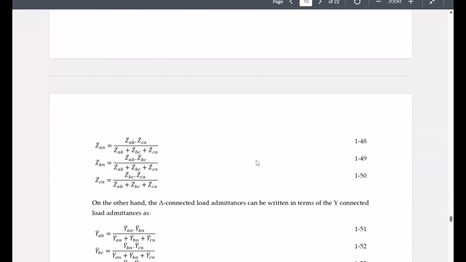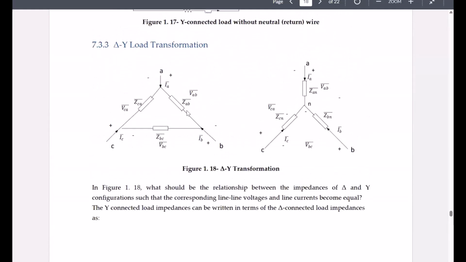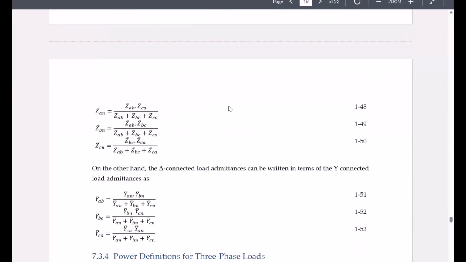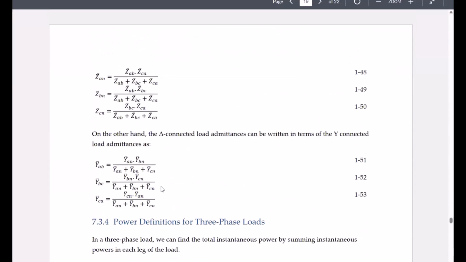So if you want to find the Y equivalent from the delta impedances, this is how you can do that. The transformation can also convert Y to a delta. The only difference is that if you want to use the same formulation, you have to convert the impedances to admittance values.